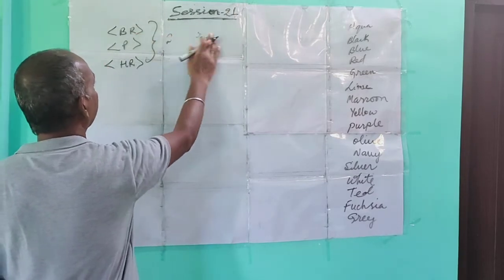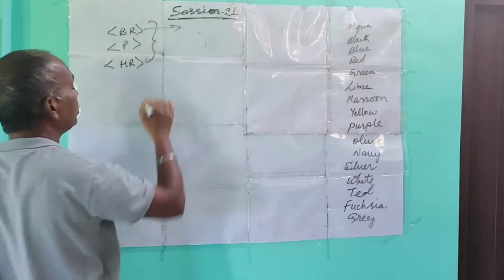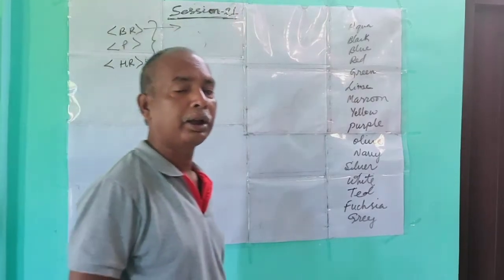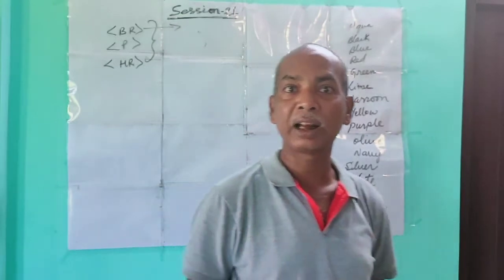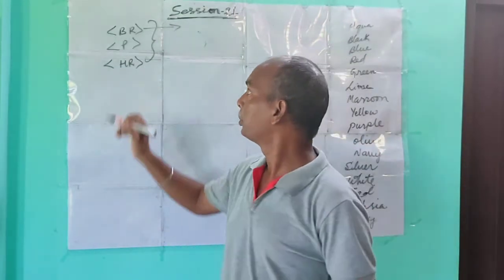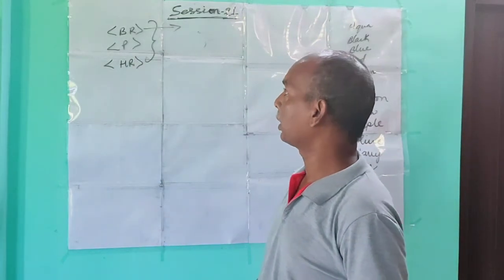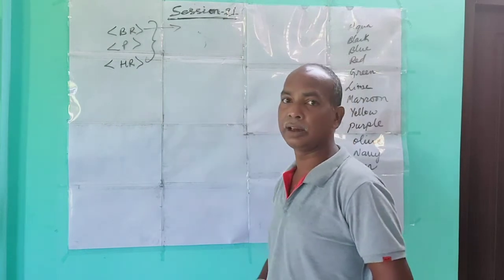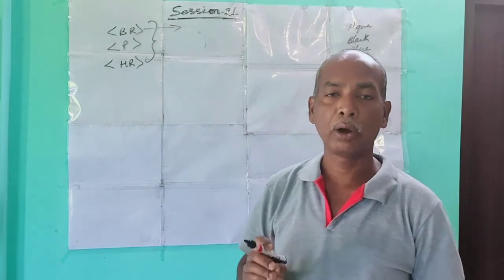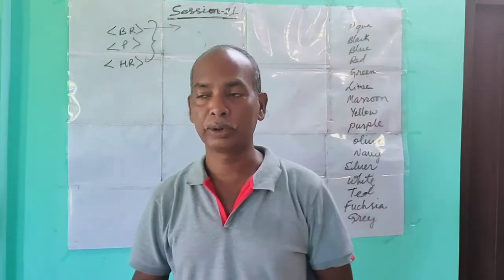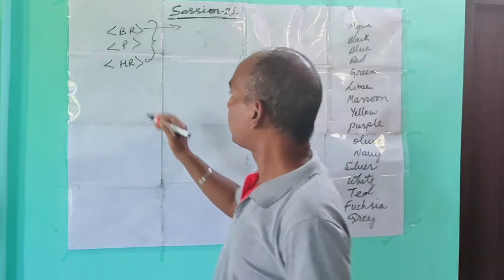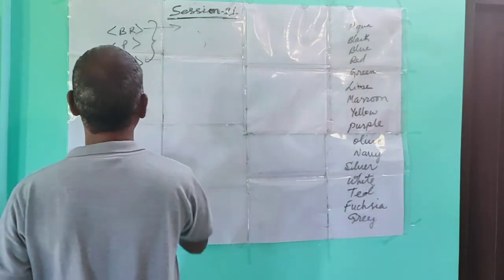BR for break is used to insert a new line in a document. P tag is used to change the paragraph, and HR tag is used to draw a horizontal line in the document.